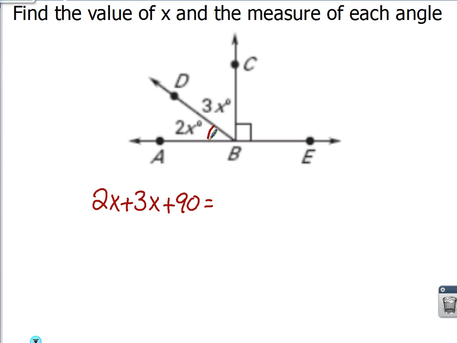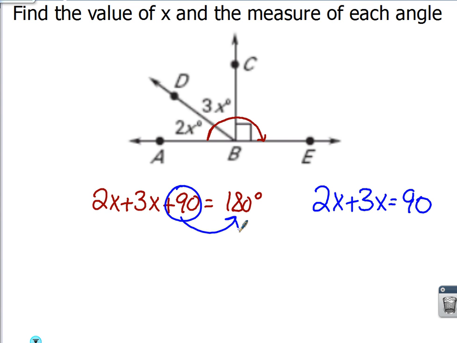You notice that that's all three of the angles, 2x, 3x, and 90. What would all three of those angles add up to? 180. But that's the hard way of doing this, right? The easiest way, well, we already know that's half of the 180. Why not just do 2x plus 3x would add up to, like she said, 90. Are those two equations the same? Sure.